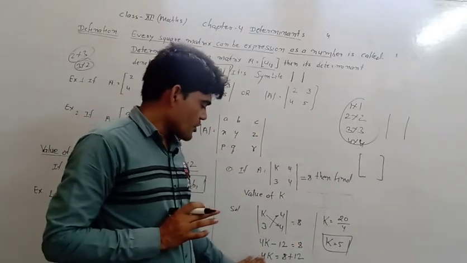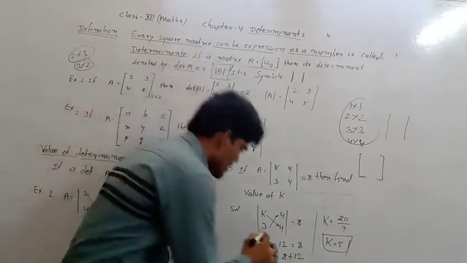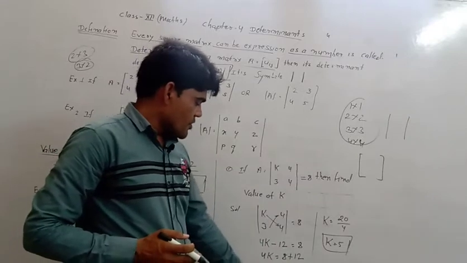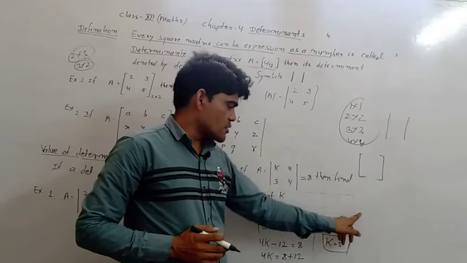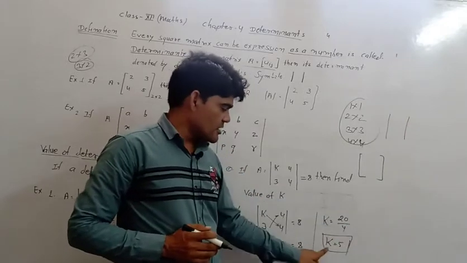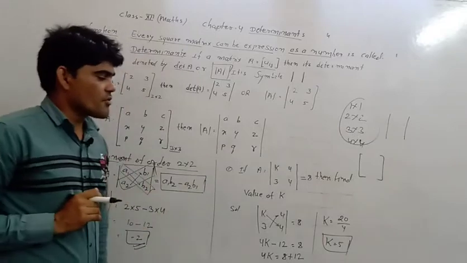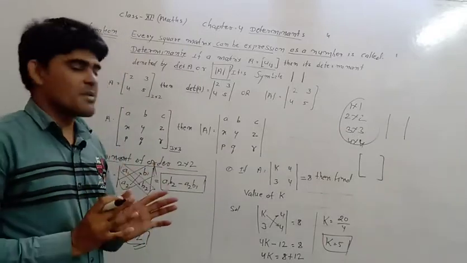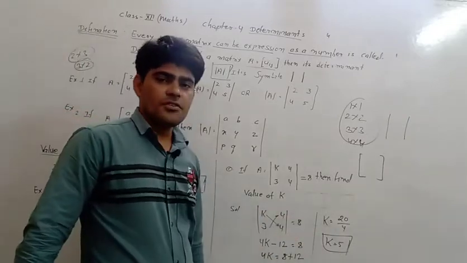Next, 4k equals 8 plus 12, by transposing the 12 from left side to right side. Next, 4k equals 20, k equals 20 upon 4, then we get k equals 5. This is the solution of a 2 into 2 determinant. It means square matrix, square determinant, and its value is 5.